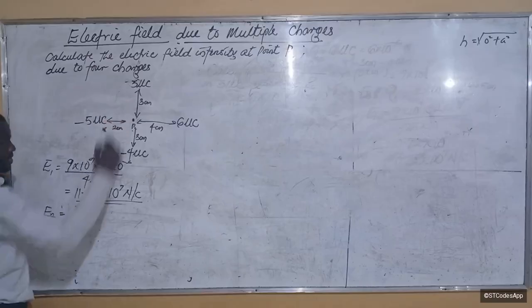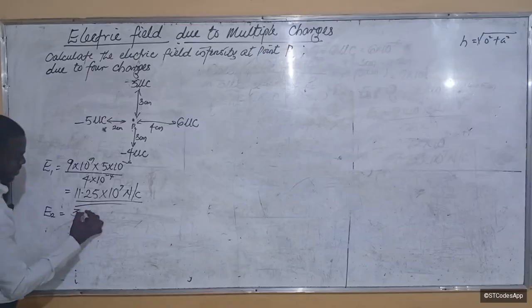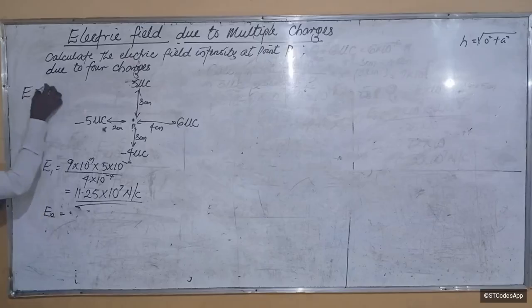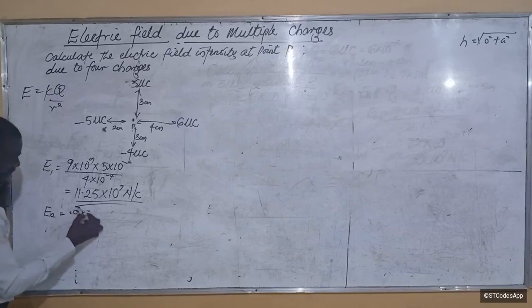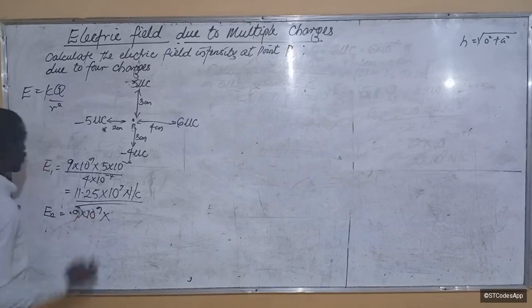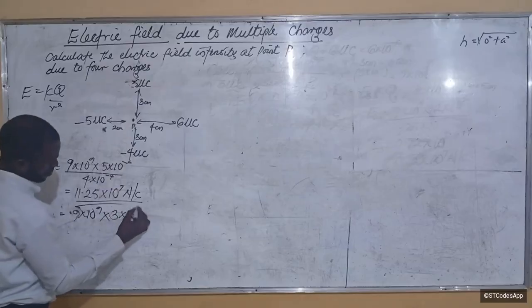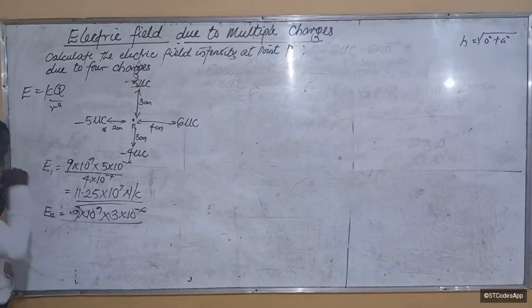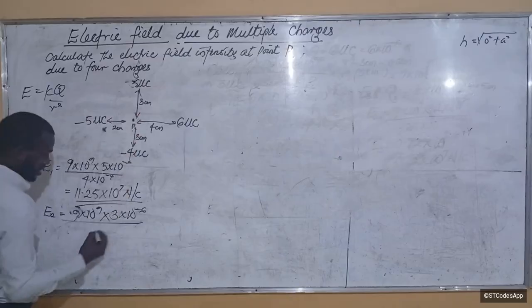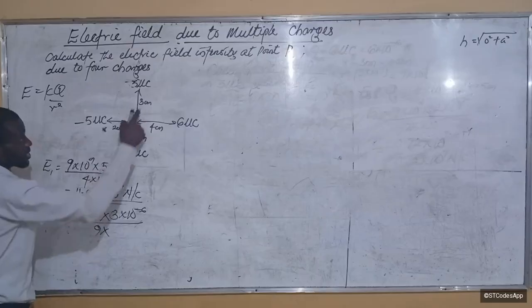So for E2, that will be this guy, 3 microcoulomb, 3 times 3 is 9. Recall that this is the formula we're using, equal to KQ over R squared. K is 9 times 10 to the power 9 times Q, in this case 3 times 10 to the power minus 6 micro, over the distance, 3 centimeters.